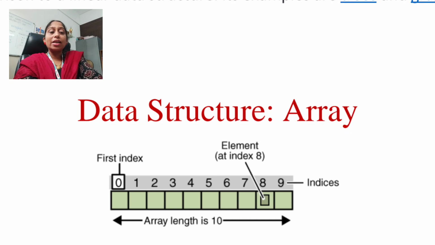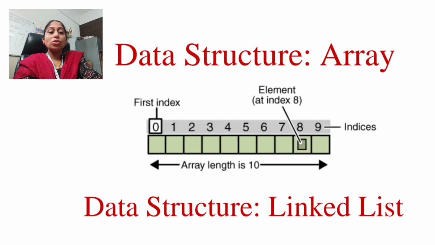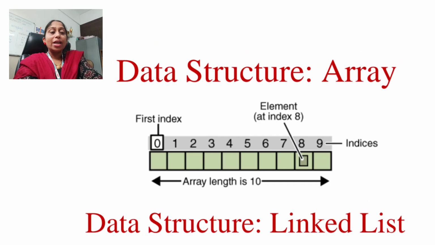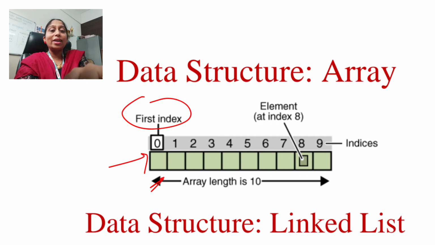If we understand this array, first there is an index. The index begins with 0. If I want to access the first element, I can access index 0, and the last element I can access with n minus 1.